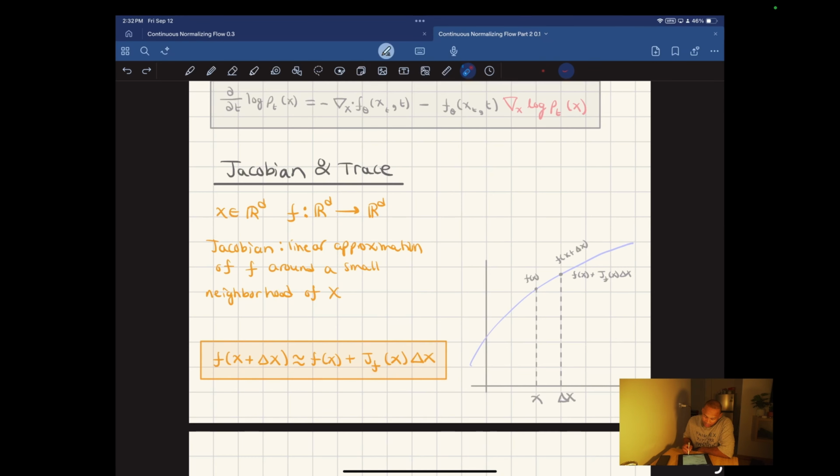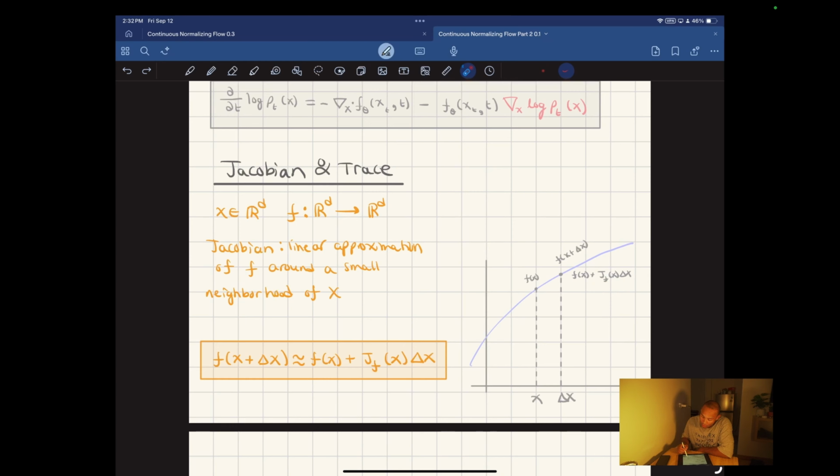It says f of x plus delta x is approximately equal to f of x plus the Jacobian times delta x, right? So in two dimensions, if this is x and this is delta x, f of x is here, then the Jacobian can be used to approximate f of x plus delta x.